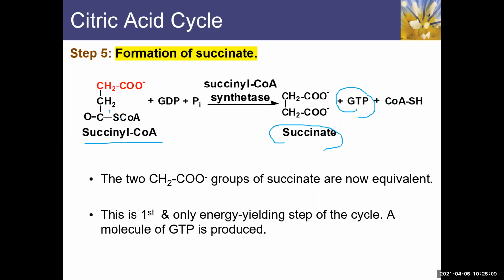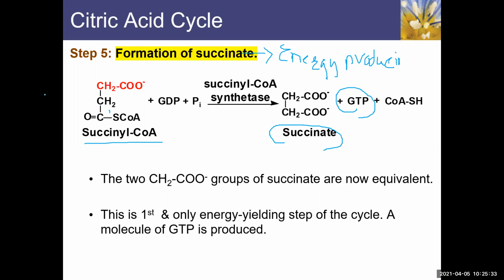So this is called an energy producing step. If the question asks which is the energy producing step of the Krebs cycle, you have to know that it is step 5, where succinyl-CoA is converted into succinate. This is an important point.